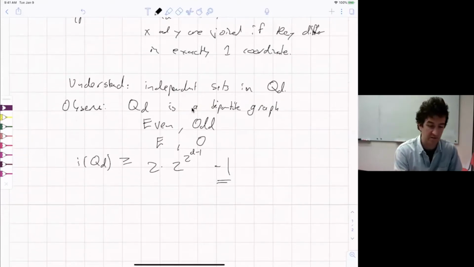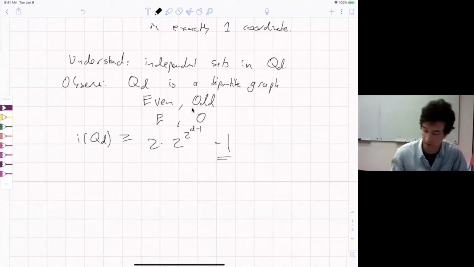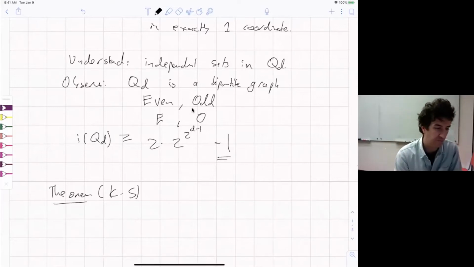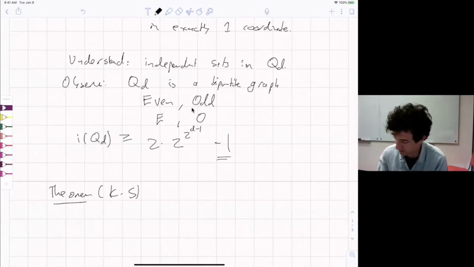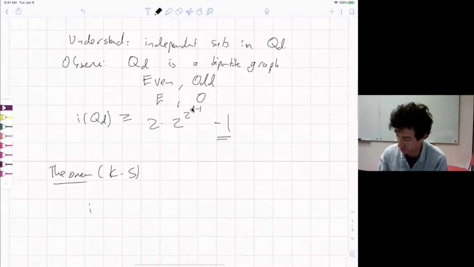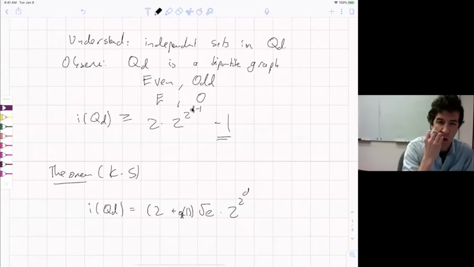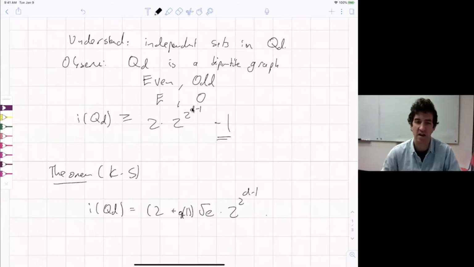And then it's a famous result of Korshunov and Sapozhenko. So, theorem, Korshunov and Sapozhenko. It's an asymptotic formula for the number of independent sets in the hypercube. It equals (2 + o(1)) times sqrt(e) times 2^(2^(d-1)), as d goes to infinity. So this is a nice asymptotic formula.